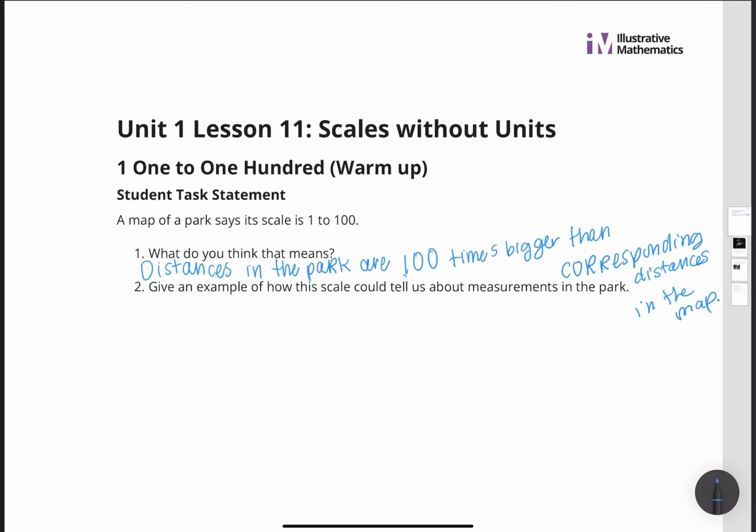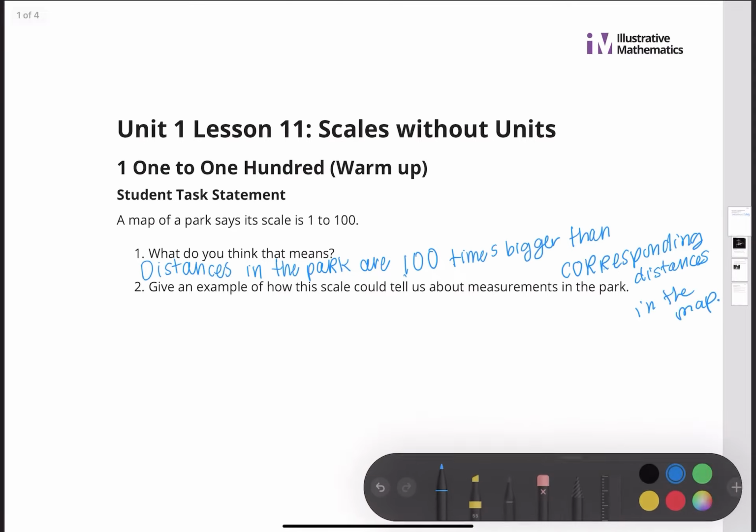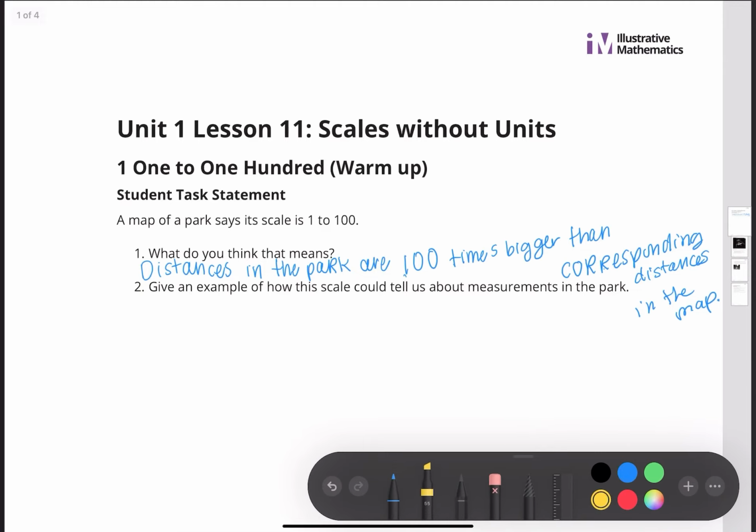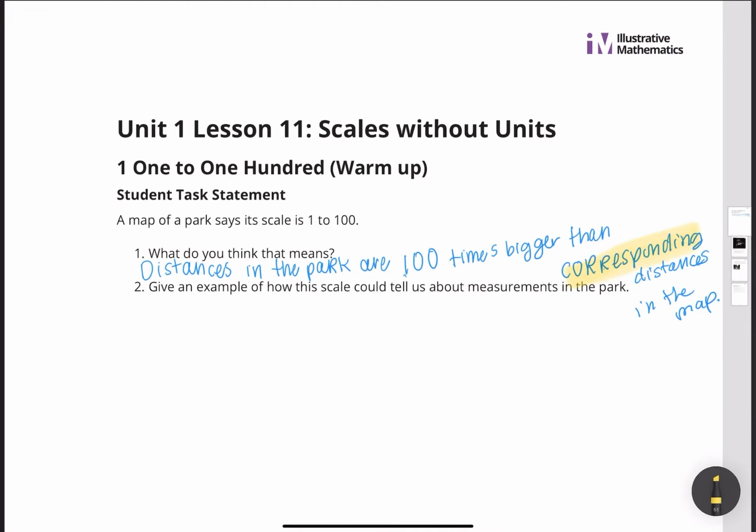Just to give you a real quick review on this word corresponding that I wrote down right here. Corresponding is when you have a segment or a point that is located in the same area in the figure. So when you're comparing two figures, they're located in the same area. So here we go.